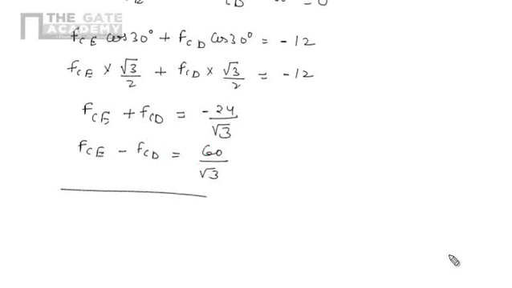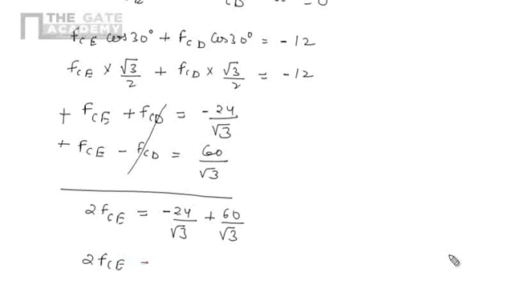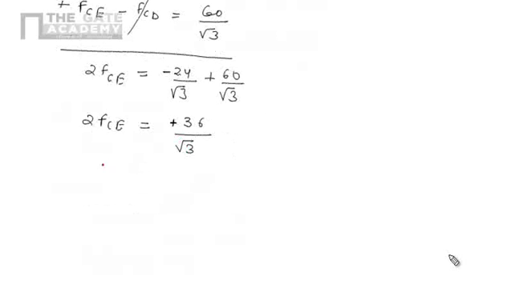If we solve these equations, we will get twice FCE equals minus 24 by root 3 plus 60 by root 3. So twice FCE is 60 minus 24, it will come 36, positive 36 divided by root 3. So FCE will come 18 by root 3.